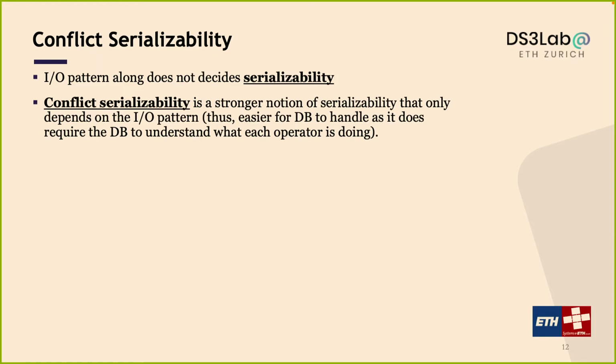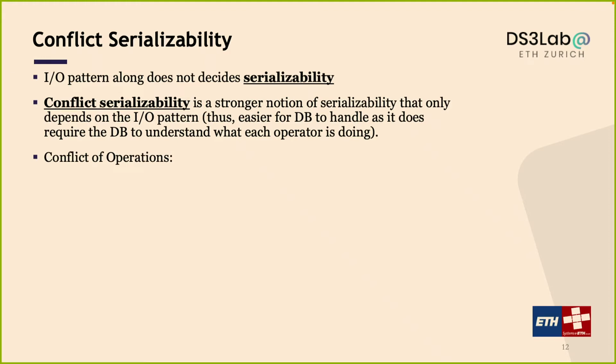What we want is a stronger notion than serializability, something we can fully test by just looking at the I/O pattern. If we have this notion, it's easier for the database to handle because it does not require the database to understand the computation itself, which is very, very hard to do.